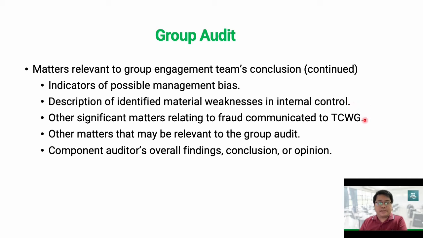We also ask the component auditor for other significant matters relating to fraud that the component auditor has communicated with those charged with governance, other information or matters that may be relevant to the group audit, and finally, the component auditor's overall findings, conclusion, and opinion.